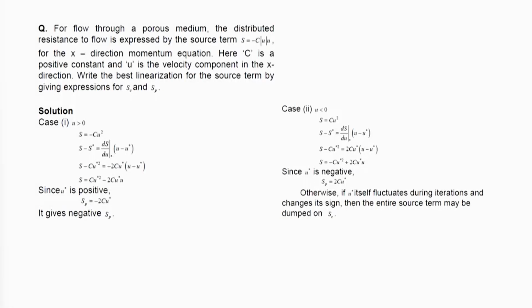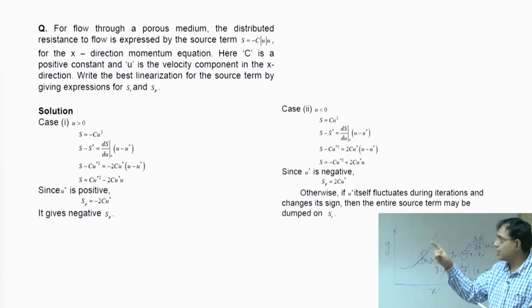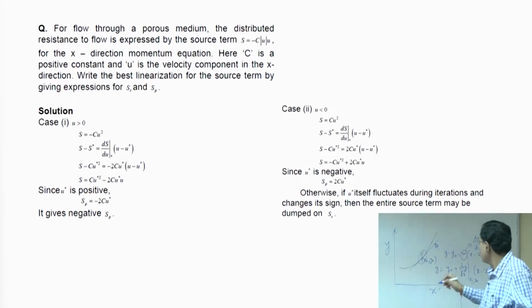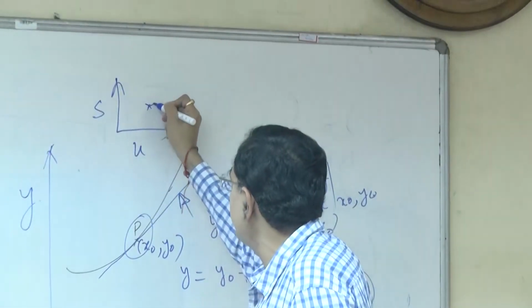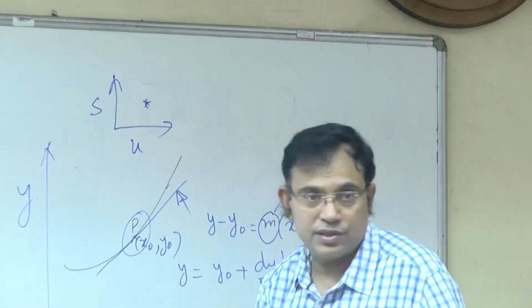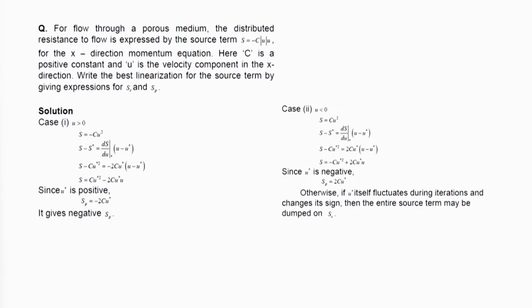So, at a point star, S minus S star is dS du at star into u minus u star. Instead of y versus x, it is now S versus u, and your given point is the star at which you are calculating it. Because it is mod, for any problem where you are working with mod, it is better to take two cases, one greater than 0 and one less than 0, because we all know that mod x equals x if x is greater than 0 and mod x equals minus x if x is less than 0.